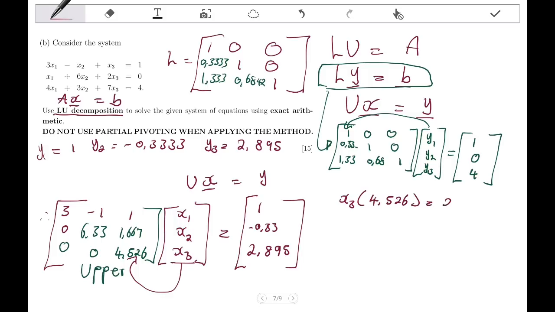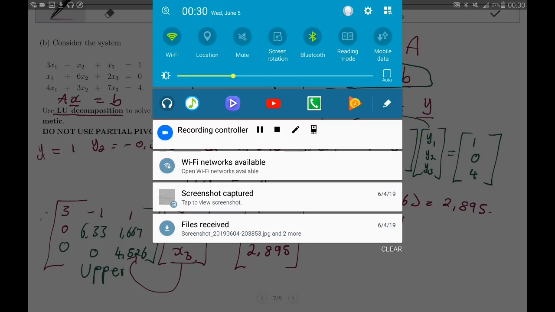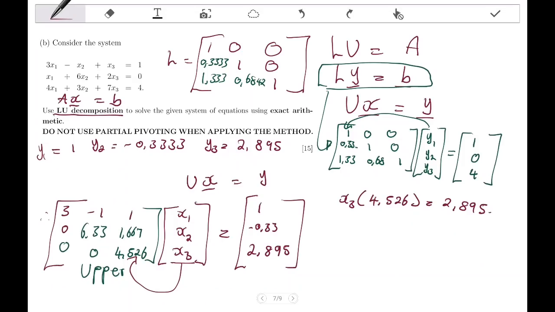Then when you punch it on a calculator, our x3 is going to be 0.6396.